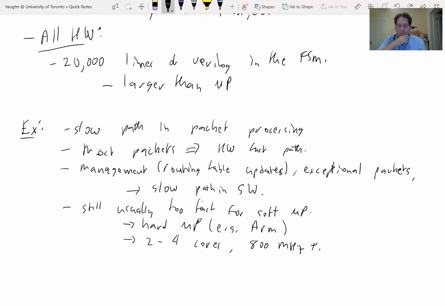You could make many cores, but you're going to have a lower IPC and a lower frequency. So for this kind of case, it fits well into a hard microprocessor on chip, which can handle these exceptional packets without having to put a Xeon or some other kind of CPU in the same system. You can just do it on chip.